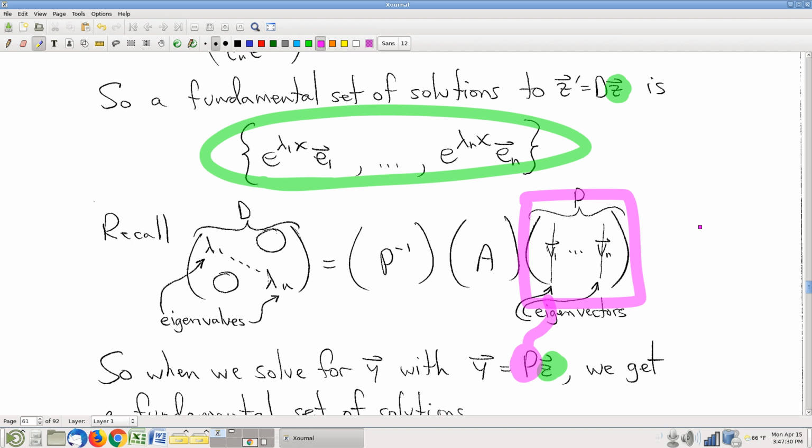So this equation up here is just our diagonalization equation, a reminder of what P consists of. The columns of P are the eigenvectors. So our Y vectors, our fundamental set of solutions for Y, are just the P matrix full of eigenvectors multiplied by these Z vectors up there. Well, look at the Z vectors.